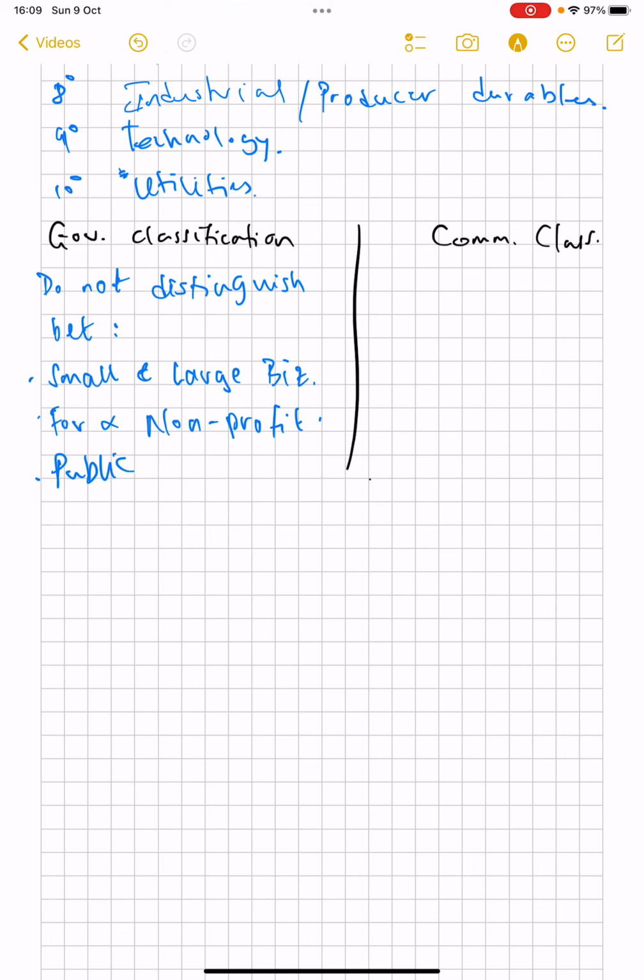No distinction between public and private organizations.